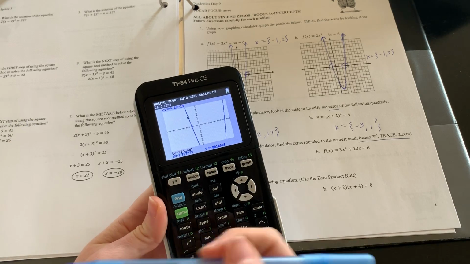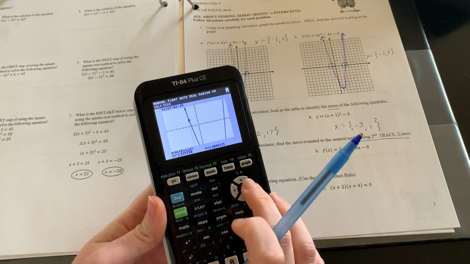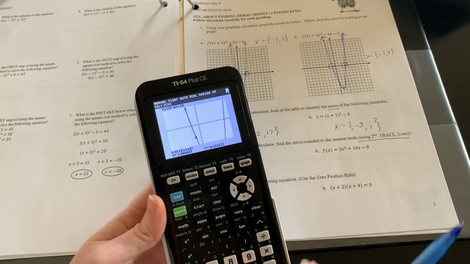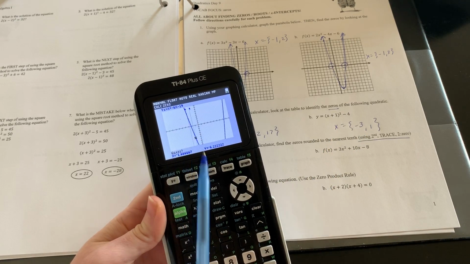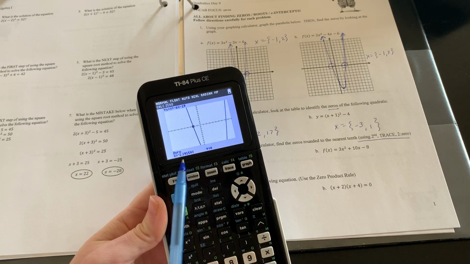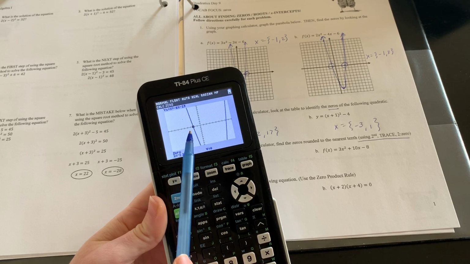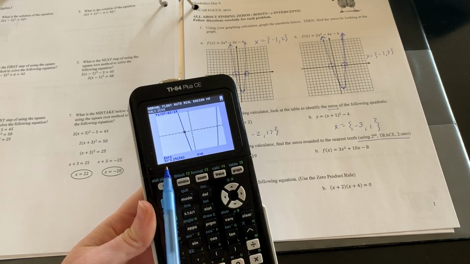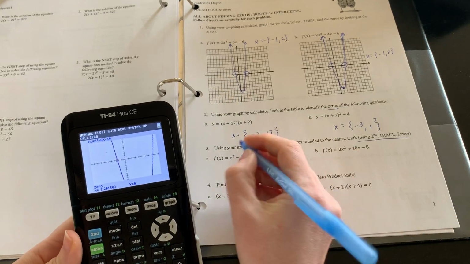I know it's going up, but it's still going left. So press enter. Go back to where you think it is, and then press right a few times. That'll give you my left wall and my right wall for my calculator to focus in on, and my guess will be back where I think it is. So it looks to be that that point is at -2 point, nearest 10th, -2.3.